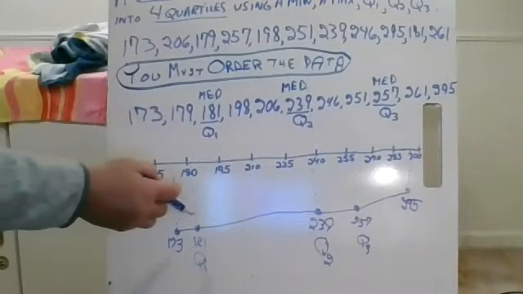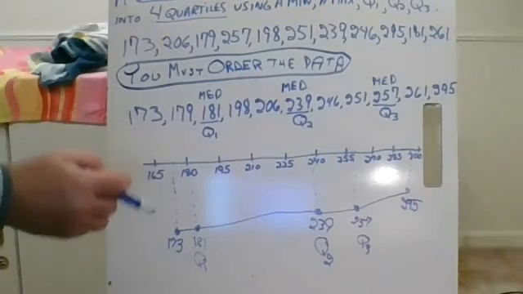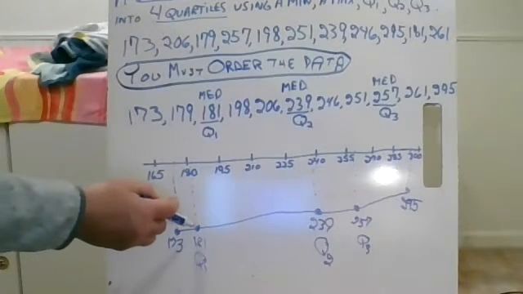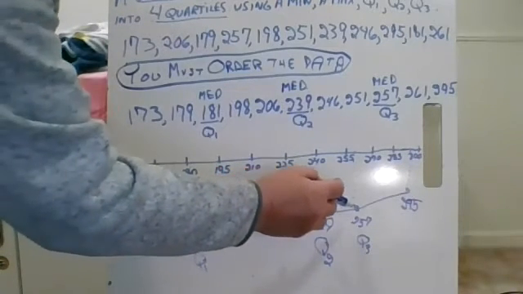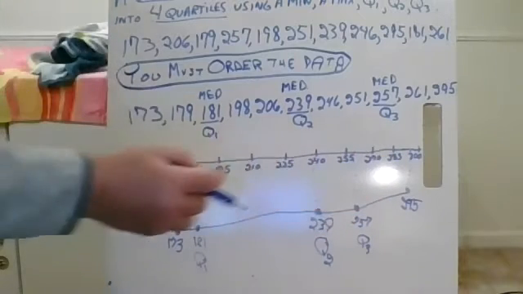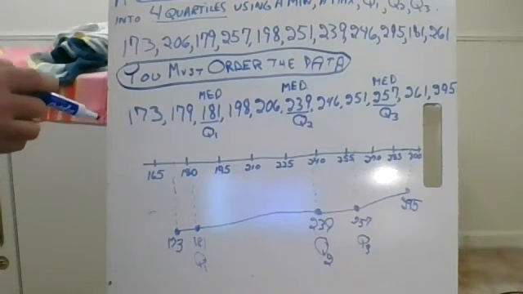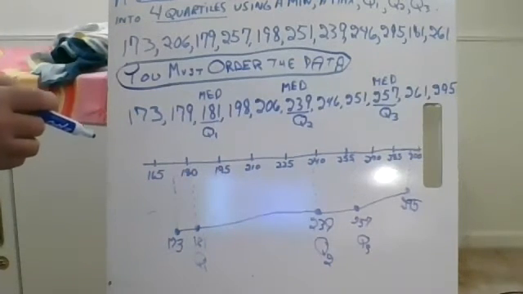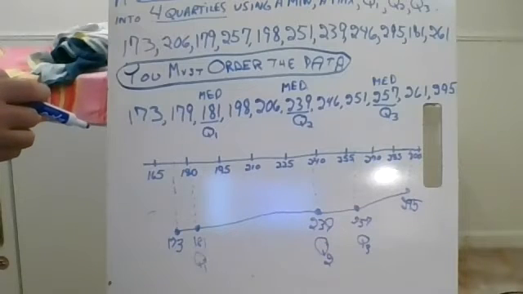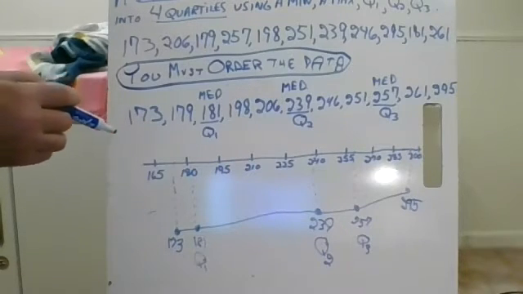And so those 5 points give you how many segments? 1, 2, 3, 4. And those are the 4 quartiles. And what we know, they're not of equal length, but they each have 2 data values in those quartiles.